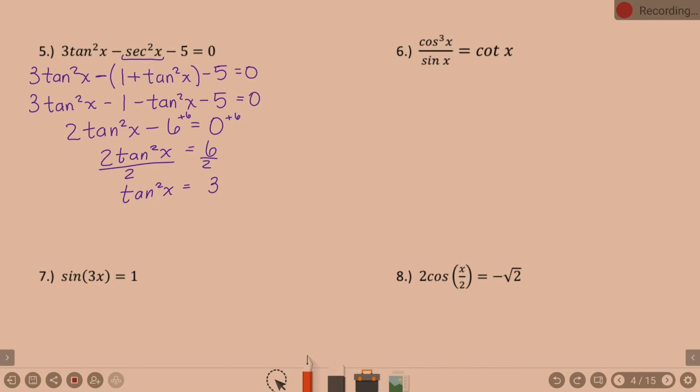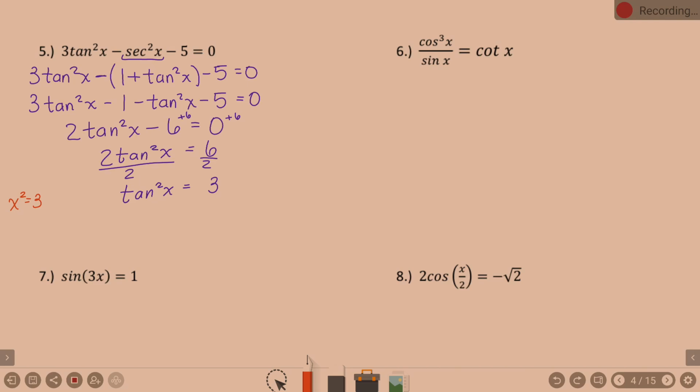What should be our next step? You could get to sine and cosine. No, I don't want to go sine and cosine. If this equation was x squared equals 3, what would you do?